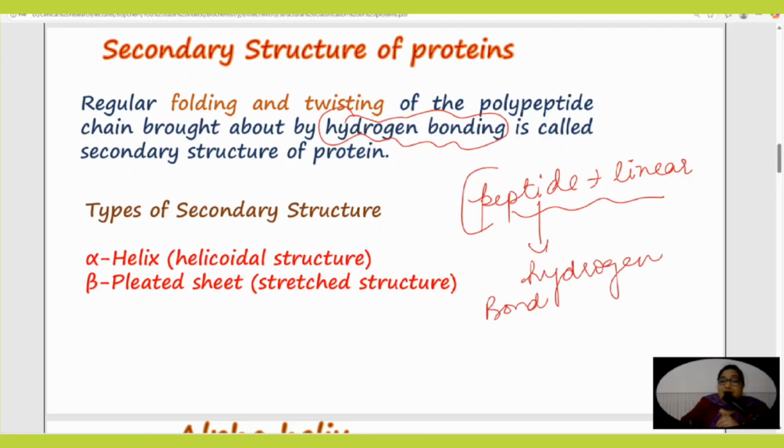Now, there will be hydrogen bonding in the structure, and it becomes a secondary structure.